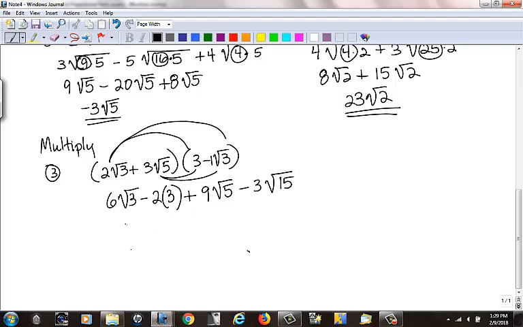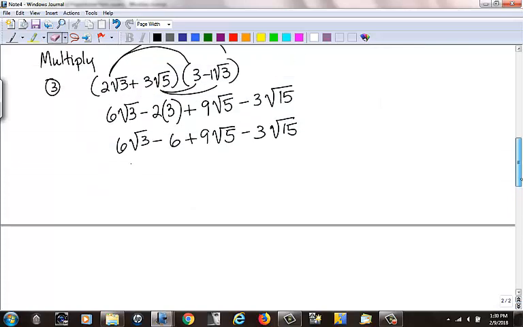Okay, so you'd have 6 radical 3 minus 6 plus 9 radical 5 minus 3 radical 15. There's nothing you can simplify in the radicals, and there are no like terms, so that is your final answer.